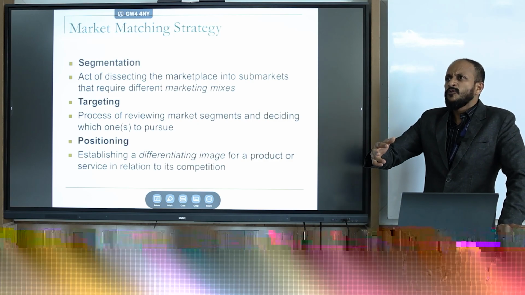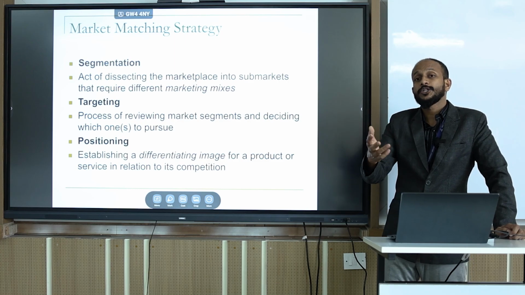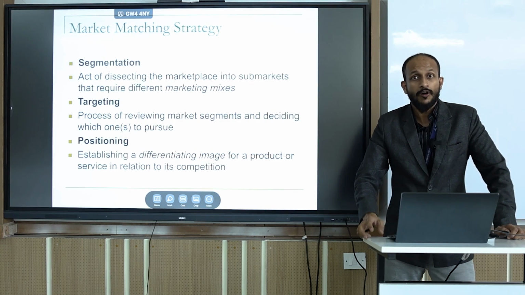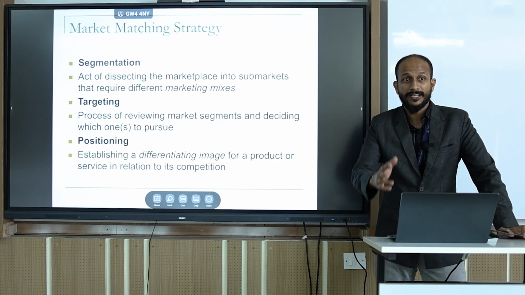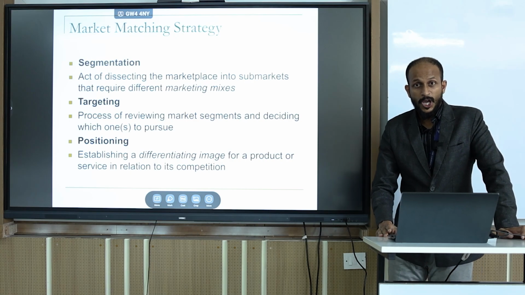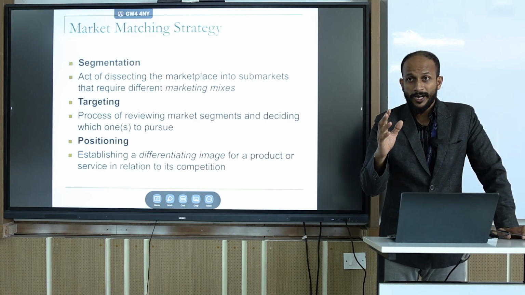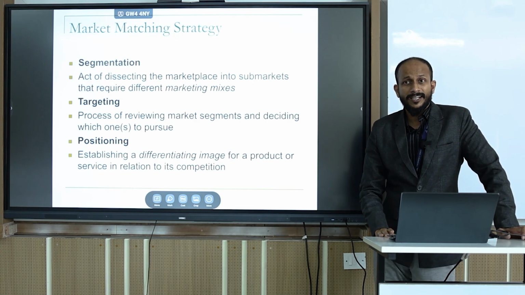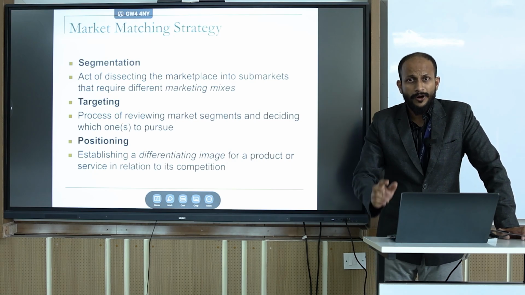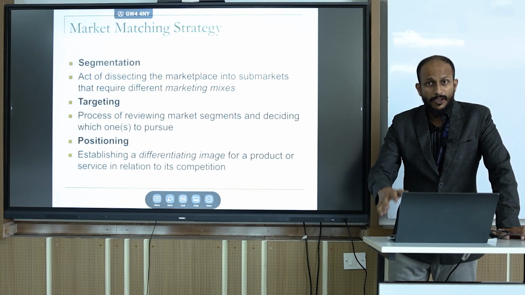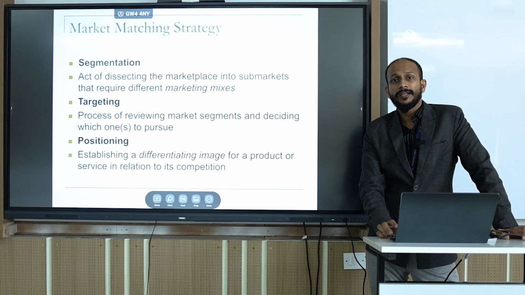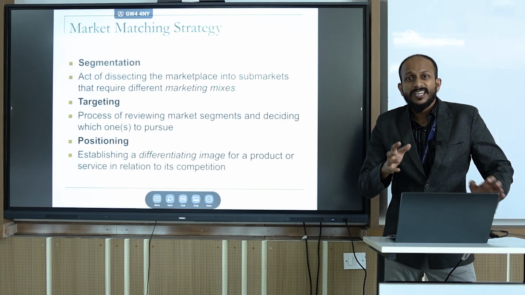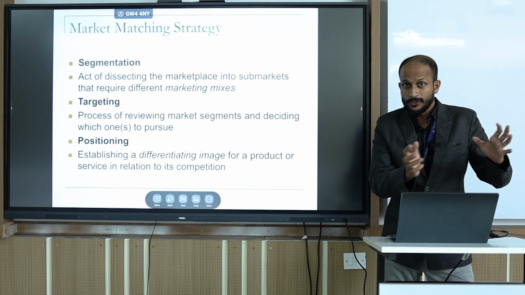I can quote one more example. Think about being a tour operator offering a package to a place like Goa. Are you going to offer one product for the whole market, or different products for different markets? If you're offering one product, you are probably seeing the market as one. This is approach one.